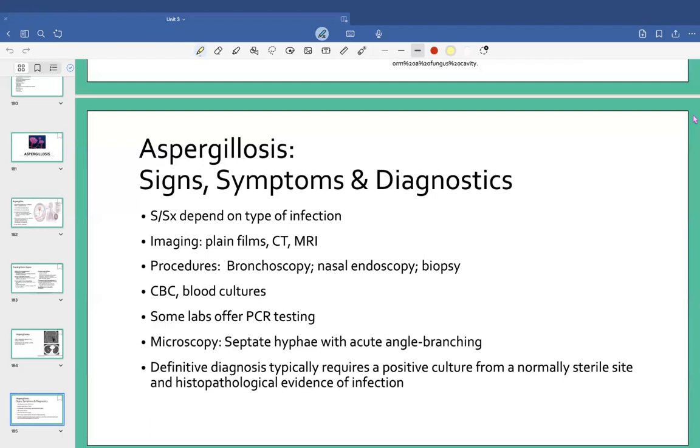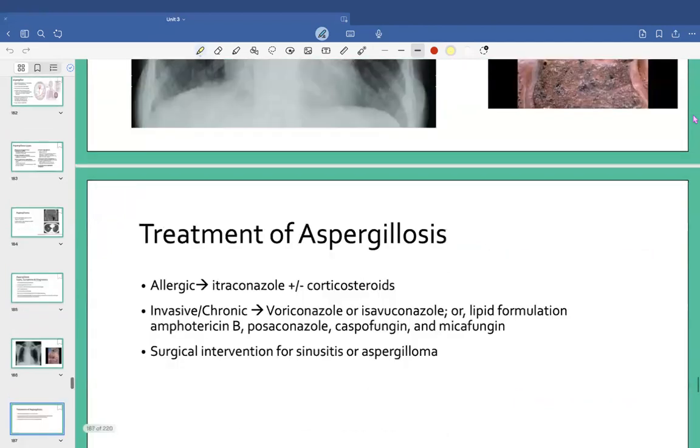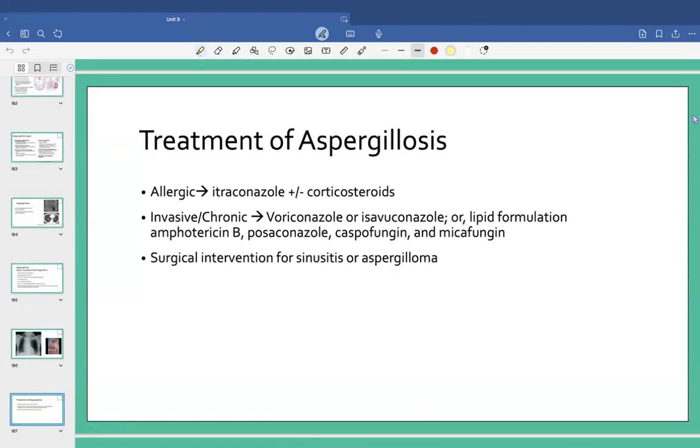Treatment for our allergic form, we're going to treat with itraconazole plus or minus corticosteroids. There are a variety of treatments for the invasive and chronic, and it's all going to be dependent on what you're treating, the severity, and a bunch of different things you should be considering.